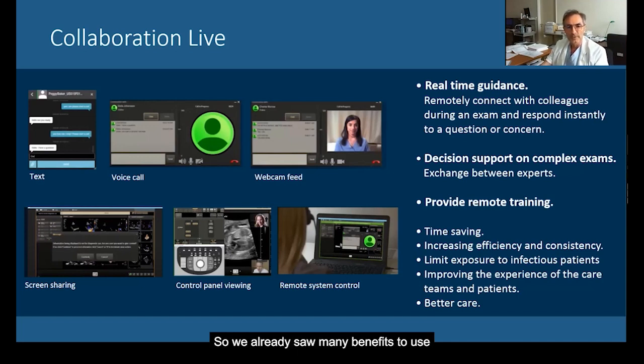So we already saw many benefits to using Collaboration Live. We save time, no need to move to another place or to redo some exams. We can increase efficiency and consistency of the exam, limit our exposure to COVID patients, for instance, in fact improving the experience of our team. It leads so to better care.